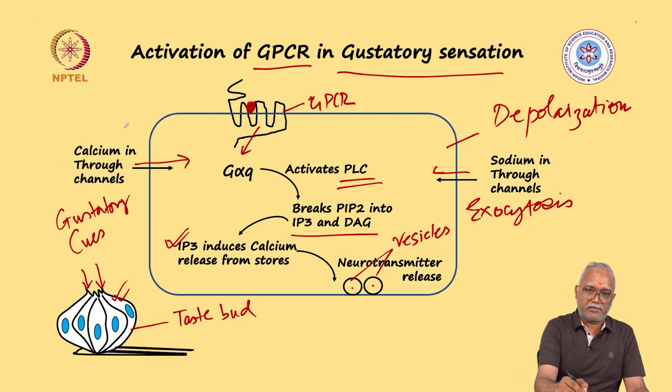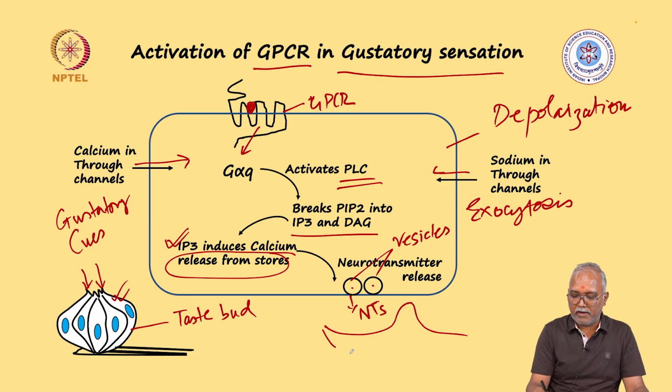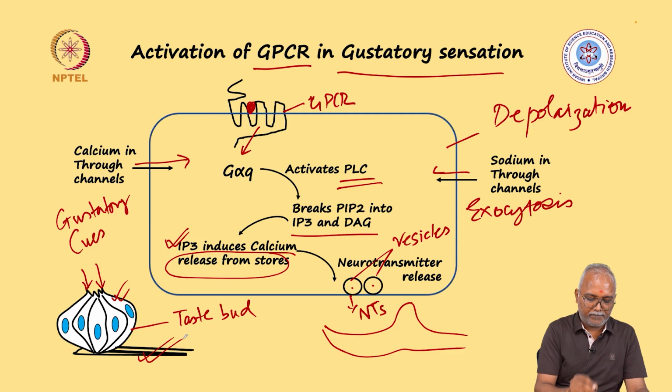When you have more calcium influx, whether from extracellular space or from internal stores, they help facilitate the fusion of neurotransmitter vesicles to the membrane and release neurotransmitters. And what is happening to this released neurotransmitter? There are these axonal ends, which are shown here.